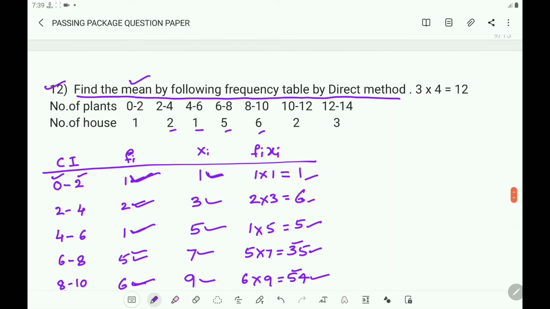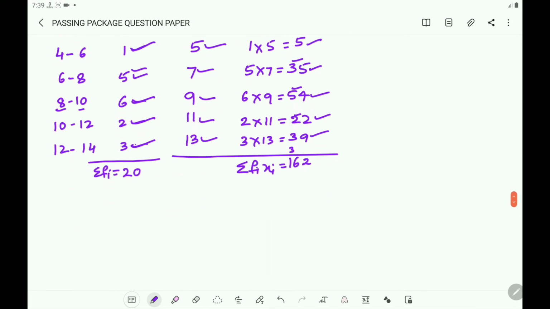Then you write average here. Find the mean. Mean means average. That is the direct method here. Mean equals summation of Fi Xi divided by summation of Fi. That is 162 divided by 20.